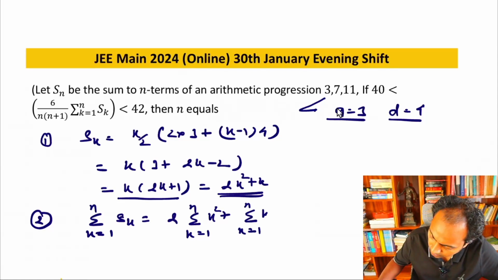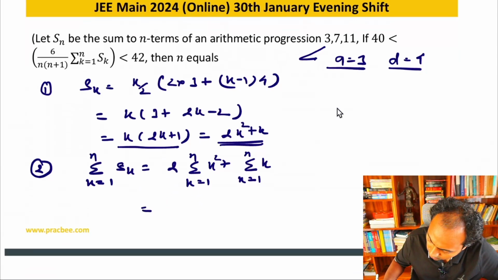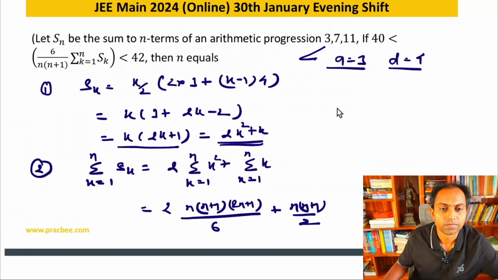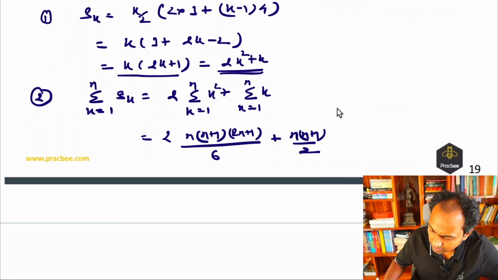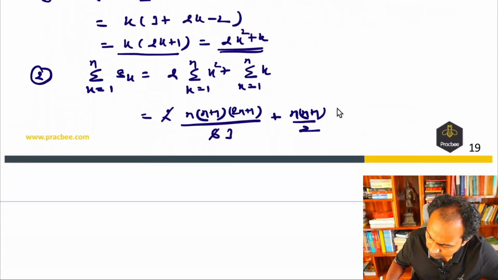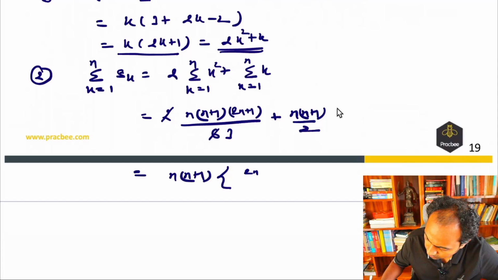And if I do so, this becomes 2 times n into n plus 1 into 2n plus 1 by 6 plus n into n plus 1 by 2. If you simplify this, you can see that this 2 will get cancelled out, this will become 3. And what we have got is an expression out of which n into n plus 1 can be taken as common. This will become 2n plus 1 by 3 plus 1 by 2.